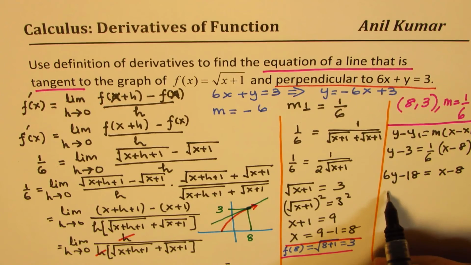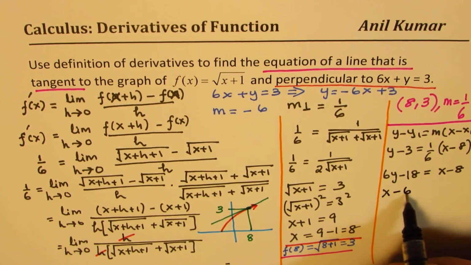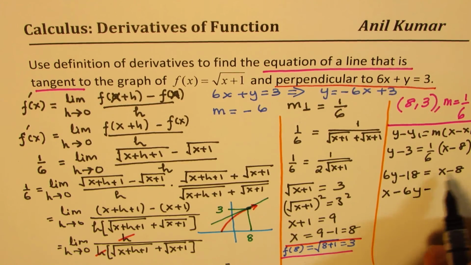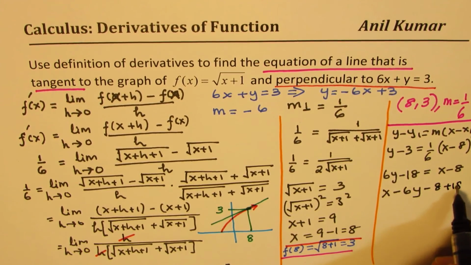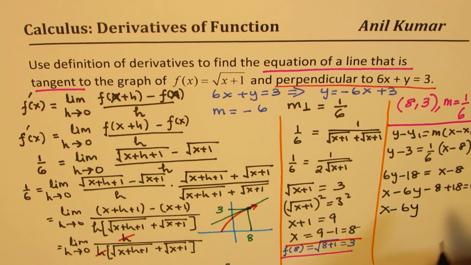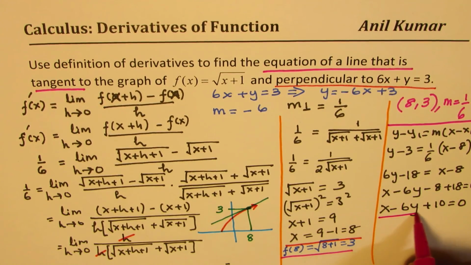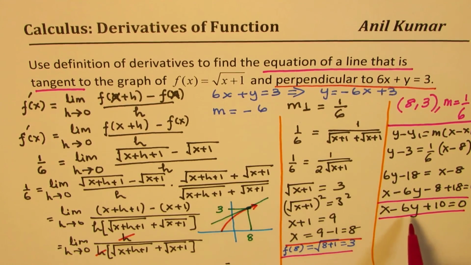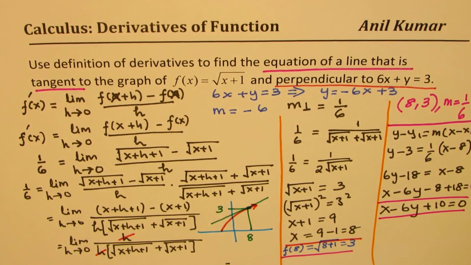Bring the terms together, so we get x minus 6y, and that gives us, we'll write it 2 steps, plus 18 equals to 0, or we can say x minus 6y plus 10 equals to 0. So this becomes the equation of the tangent line. You get the idea. So equation of this line is x minus 6y plus 10 equals to 0.